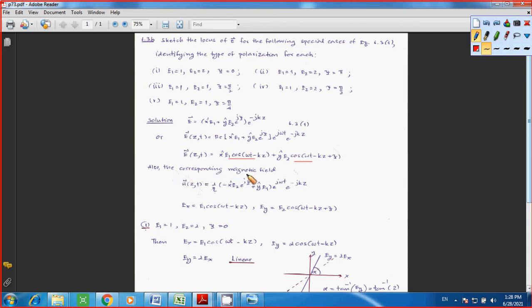And also the corresponding magnetic field H is going to be equal to 1 over eta. You know the relation between E and H, right?